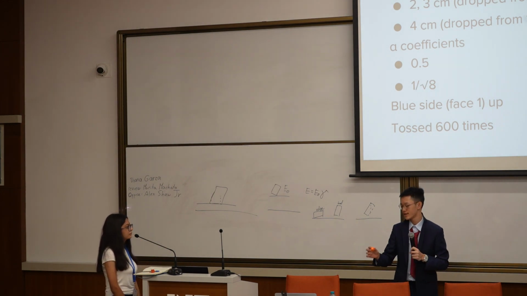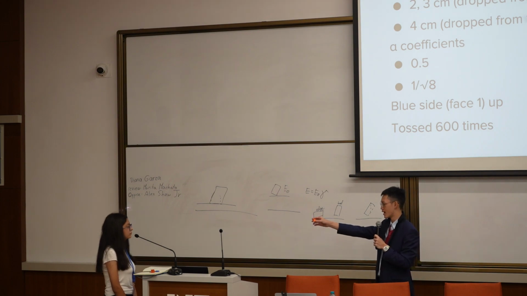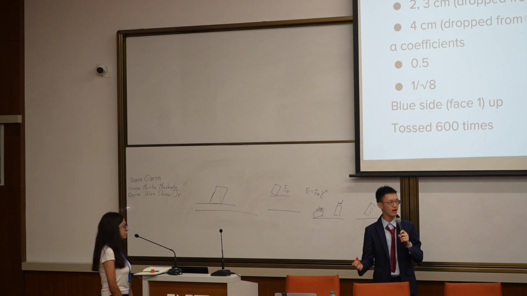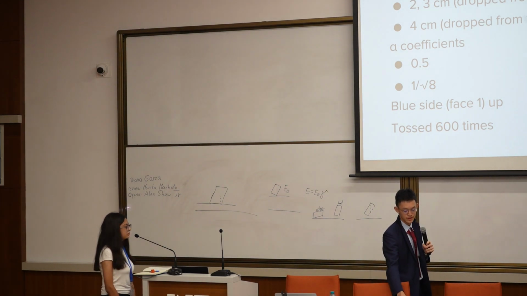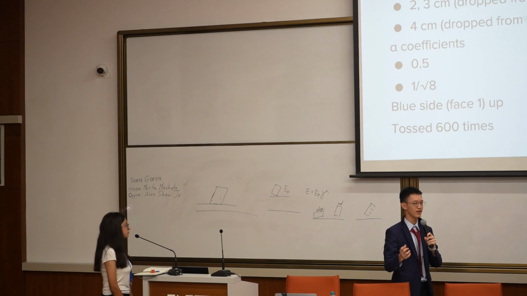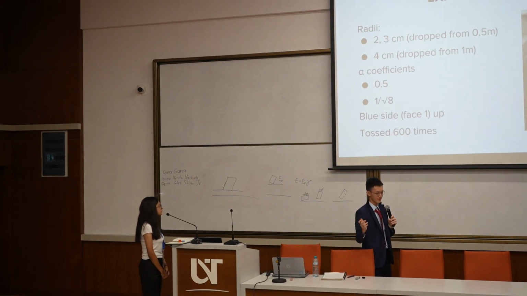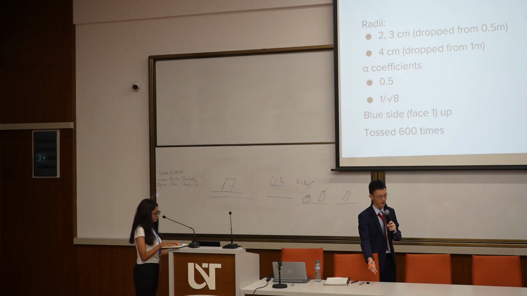So you basically concluded that the higher you drop the dice, the more random it was. Yes. I agree with that, because the more collisions it has with the ground, the more random it becomes. So if you just drop it from this height, it's much easier to control than if you drop it from here.